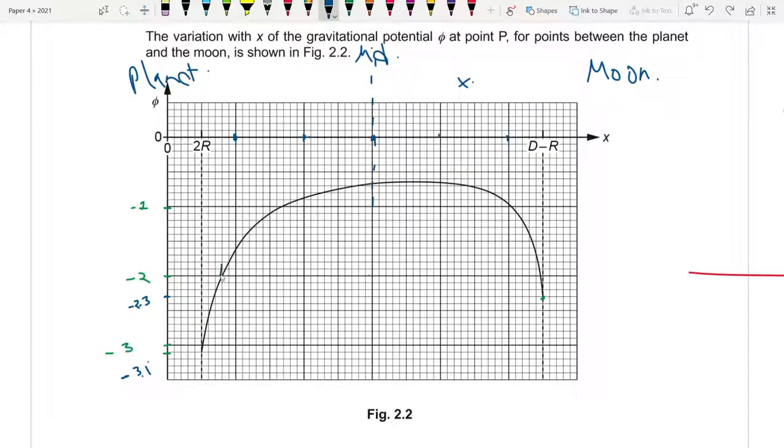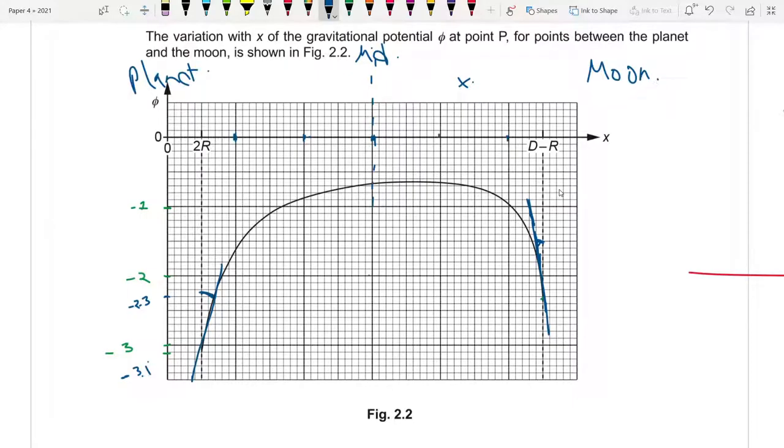Here, the tangent is like this. For the moon, it's like this. It's a bit steeper. Just look at the angle it makes. Clearly, this angle is greater than this one over here, right? So the smaller the angle, the steeper the gradient, right? There's more change in y compared to change in x.